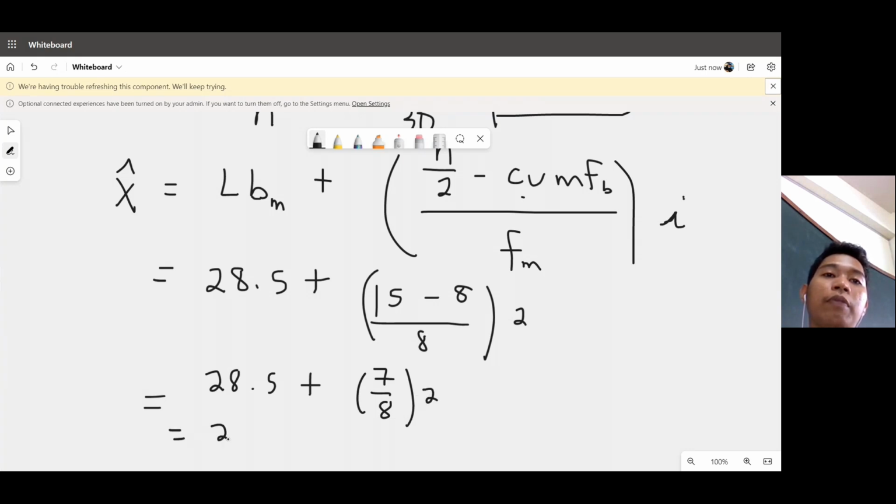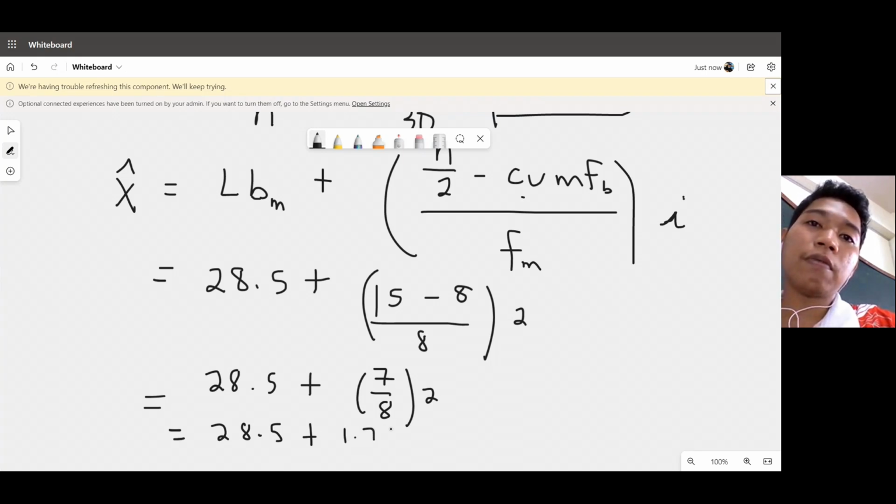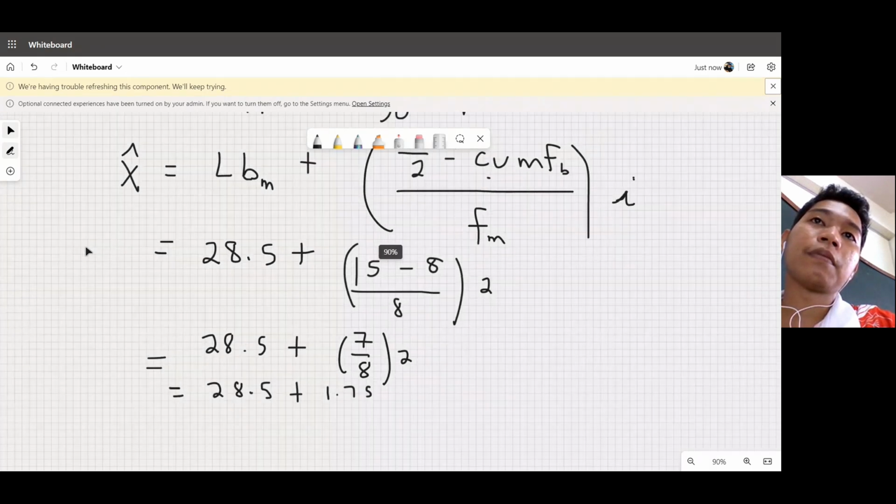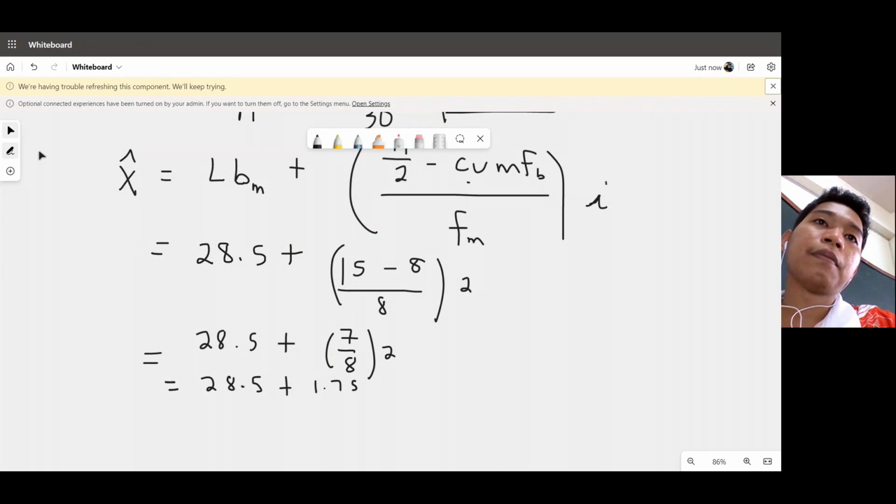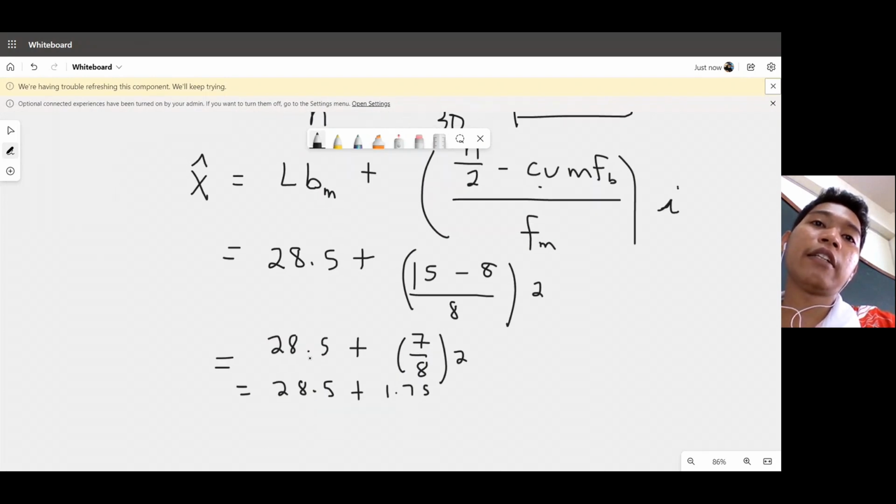So that is 28.5 again, plus 7 over 8 times 2, which is 1.75. So our median is equivalent to 28.5 plus 1.75, that is 30.25.